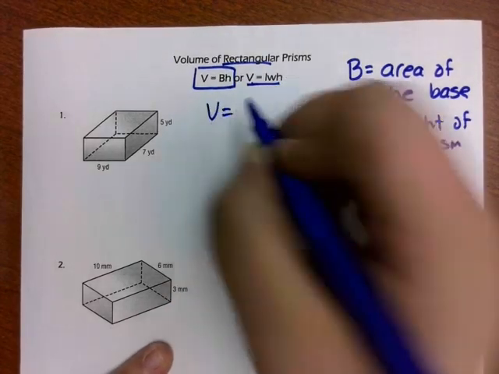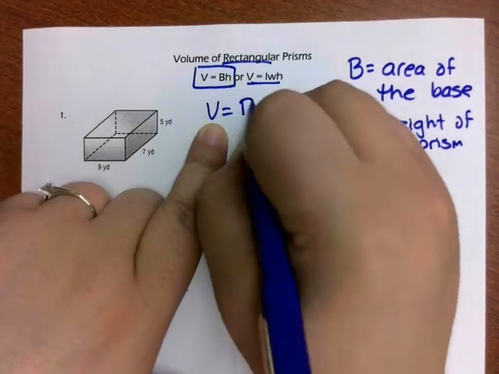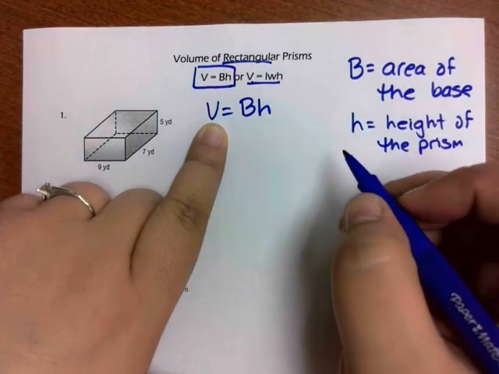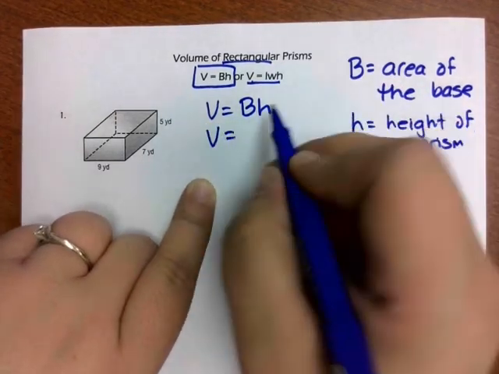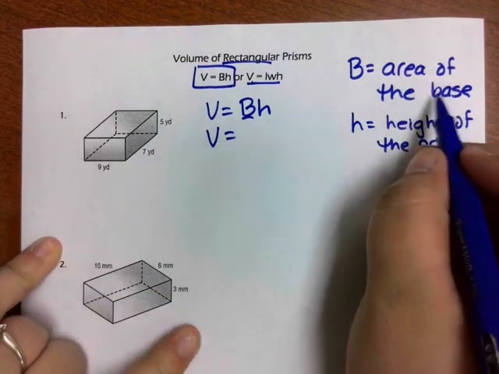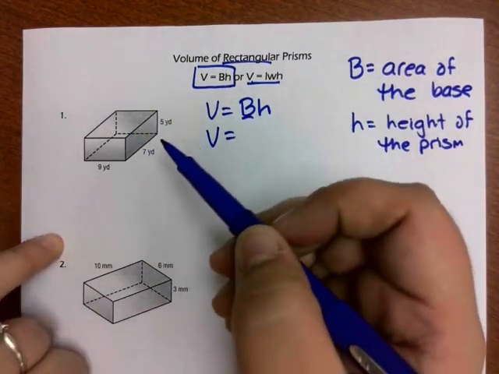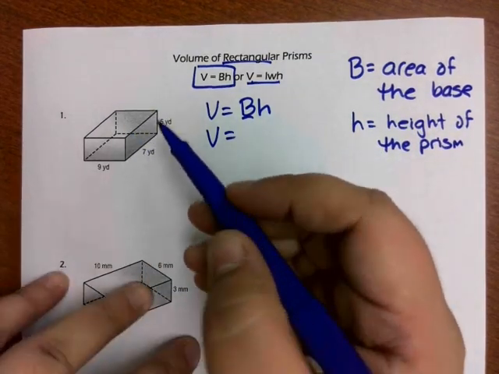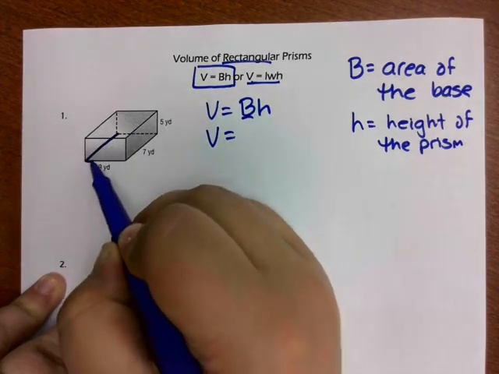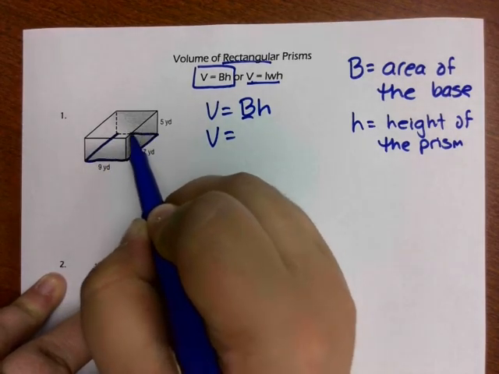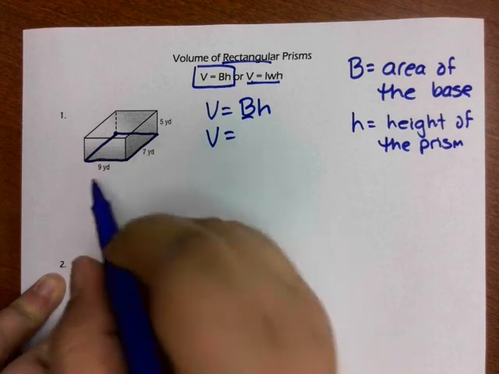So let's go do an example. We have V equals capital B times H. Capital B is the area of the base, so let's find the base. The base is the bottom, what the rectangular prism is sitting on. If I look at this shape, it's sitting on this rectangle right here, which is a 9 by 7.